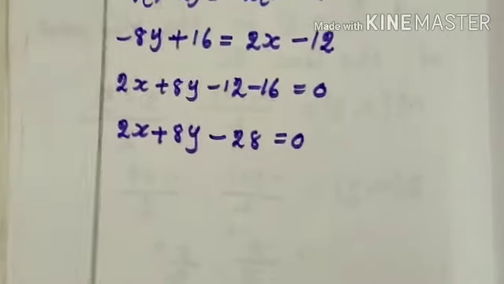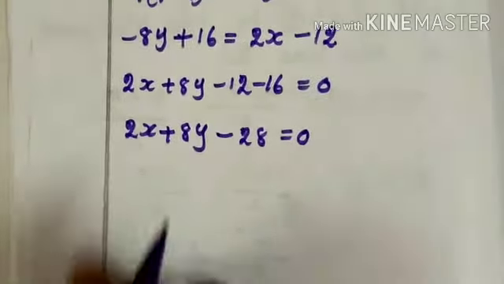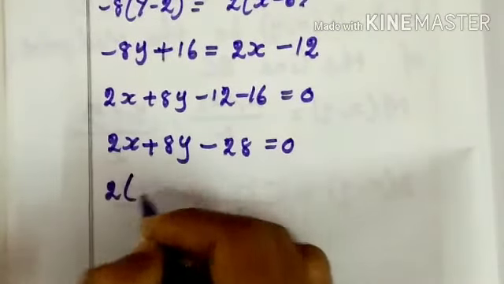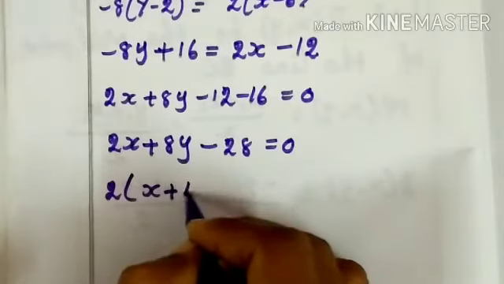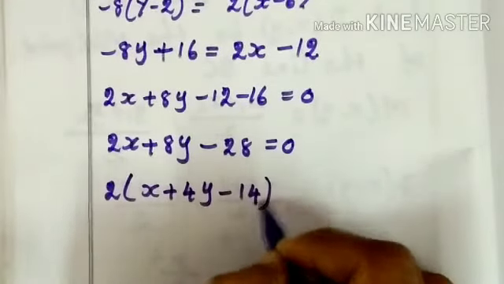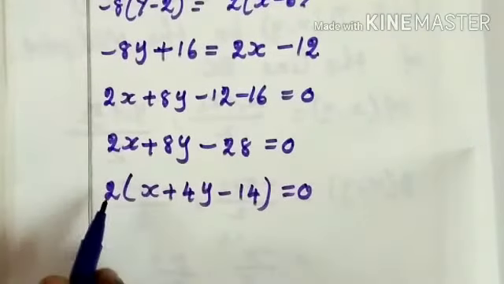Here 2 is a common factor. So you take out 2, and we get 2 into (x plus 4y minus 14) is equal to 0.